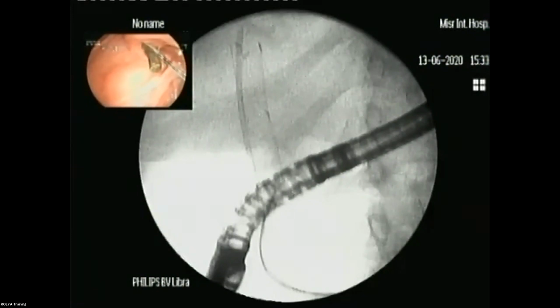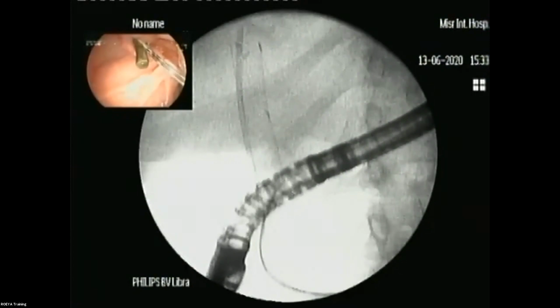We are performing a randomized study comparing this to plastic stents currently. We still don't have the full results, but I can tell you they are very promising. This patient had both these stents inside for about 10 months. She was doing well, and now we will take the stents out.